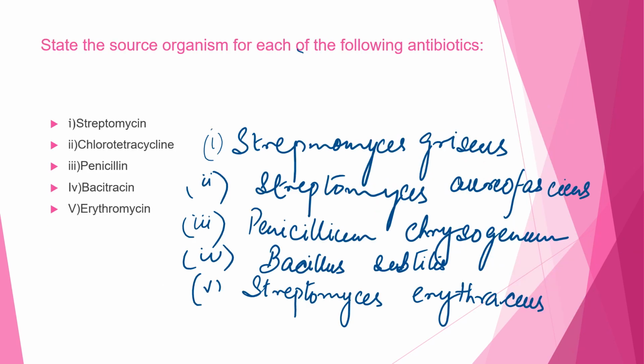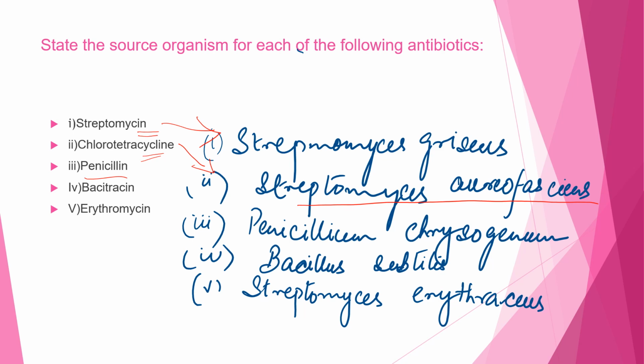Now next one, state the source organism for each of the following antibiotics. First one is streptomycin. The source organism is Streptomyces griseus. Now the second one is chlortetracycline, and the source organism is Streptomyces aureofaciens.